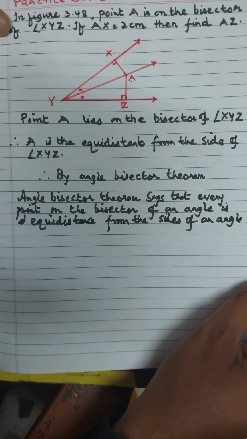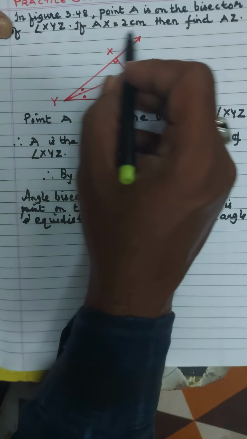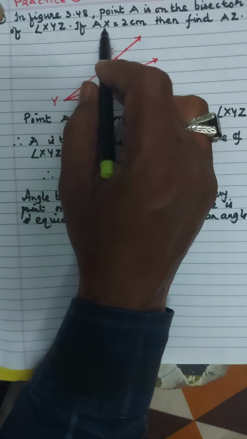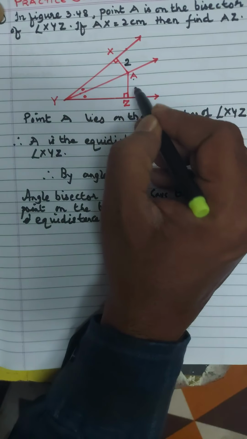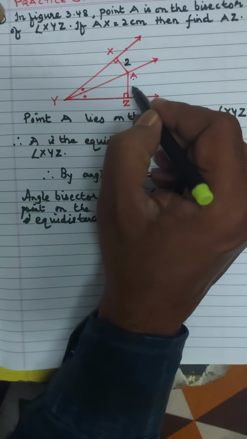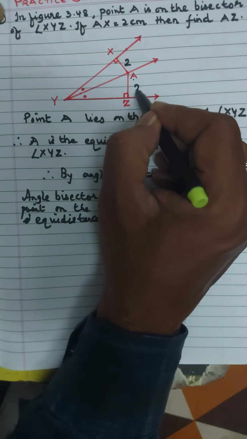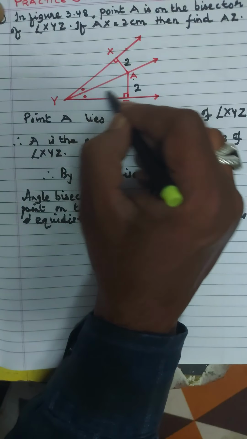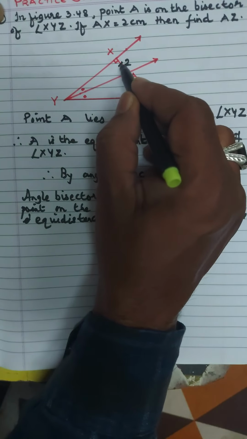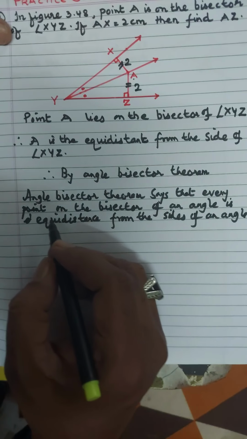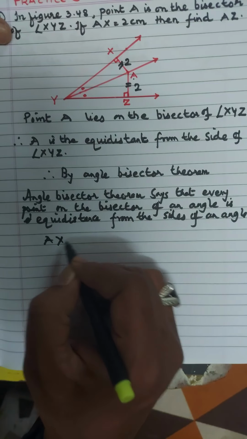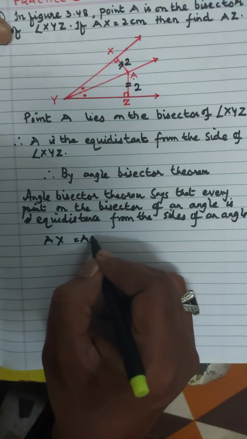So now how can we find the answer here? See here, the point on the bisector, AX is 2. We need to find the value of AZ. So AZ is also 2 here. See here, both the angles are equal, so it means both the sides are also equal. How can we write it? AX is equal to AZ.